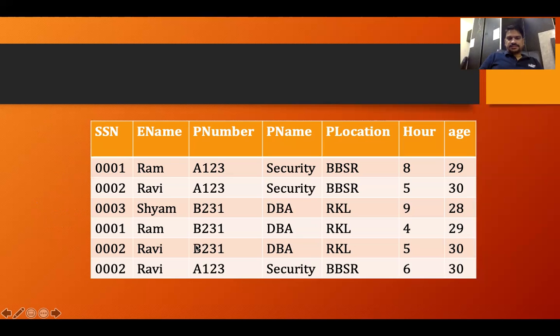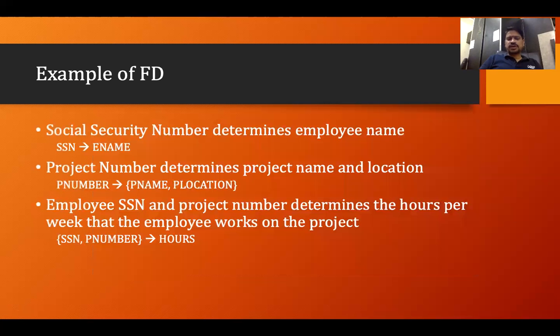It says SSN plus project number can determine project hours, meaning for the social security number of a person and the project, we can define how many hours they have worked. So that also can be explored. So these are all different functional dependencies.